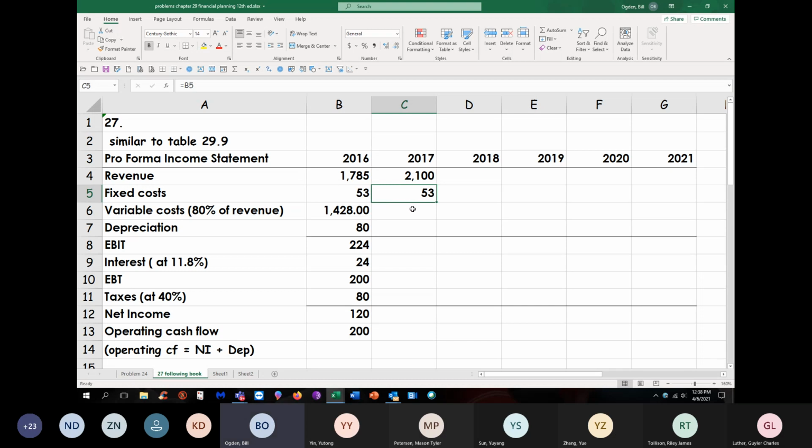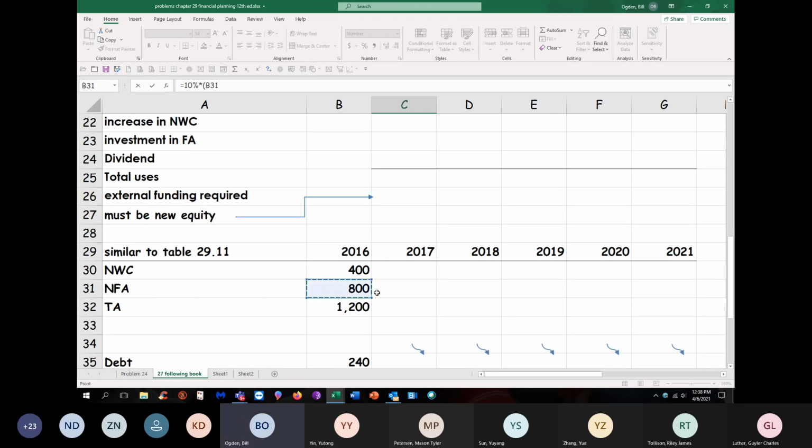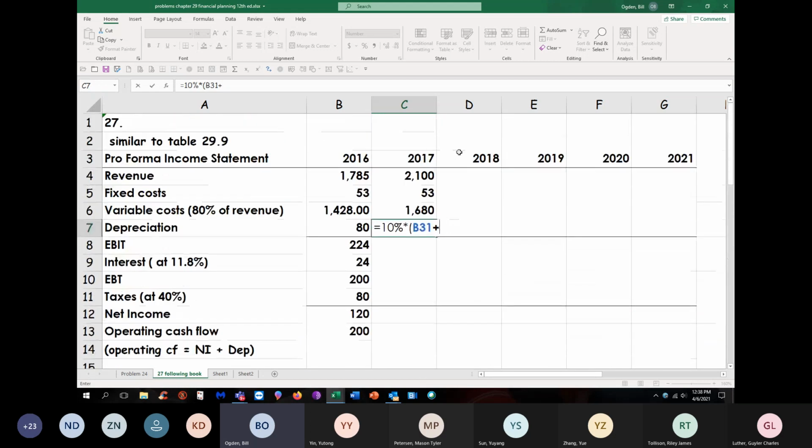So variable costs, pretty straightforward. Then depreciation. The story says equal to 10% times the sum of beginning net fixed assets plus investment. You see, I could just vary the investment every year, couldn't I? And I would completely change this problem. But in this case, we just have to simply type it in because it won't change.